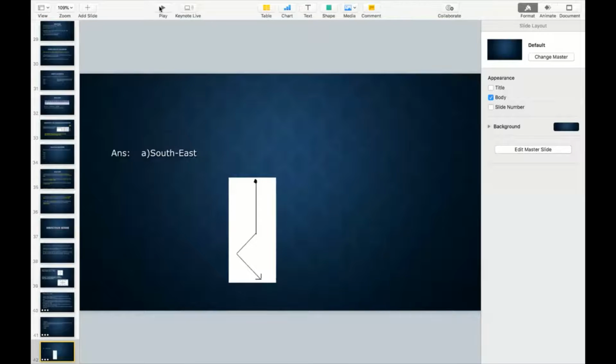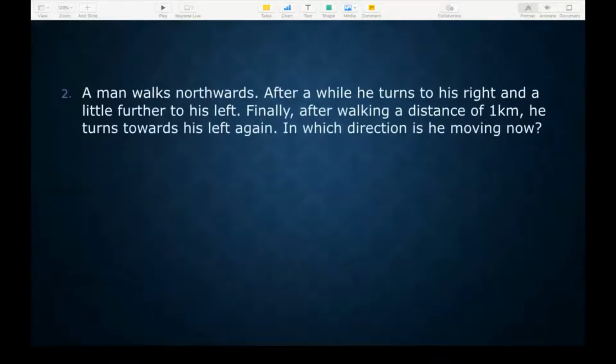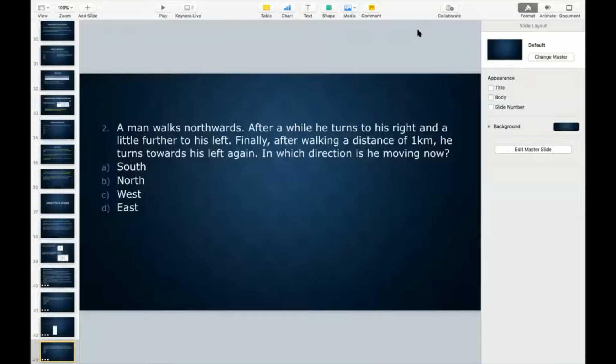Great. So moving ahead, next question. Try this one, guys. I believe everyone is getting the correct answer here again.